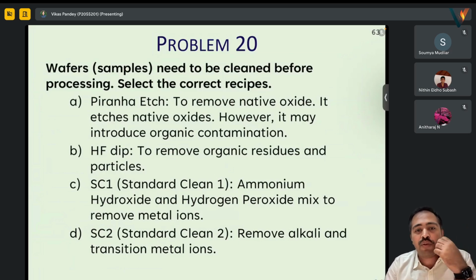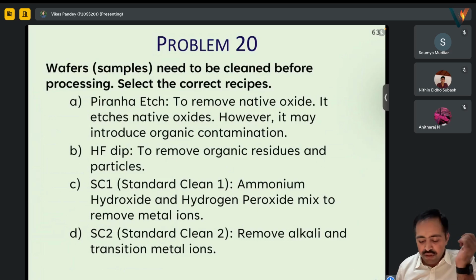HF dip to remove organic residues and particles. SC1, ammonium hydroxide and hydrogen peroxide mixed, to remove metal ions. Or SC2, remove alkali and transition metal ions. I think everyone should answer this one. Which one is correct? Is the first one correct?